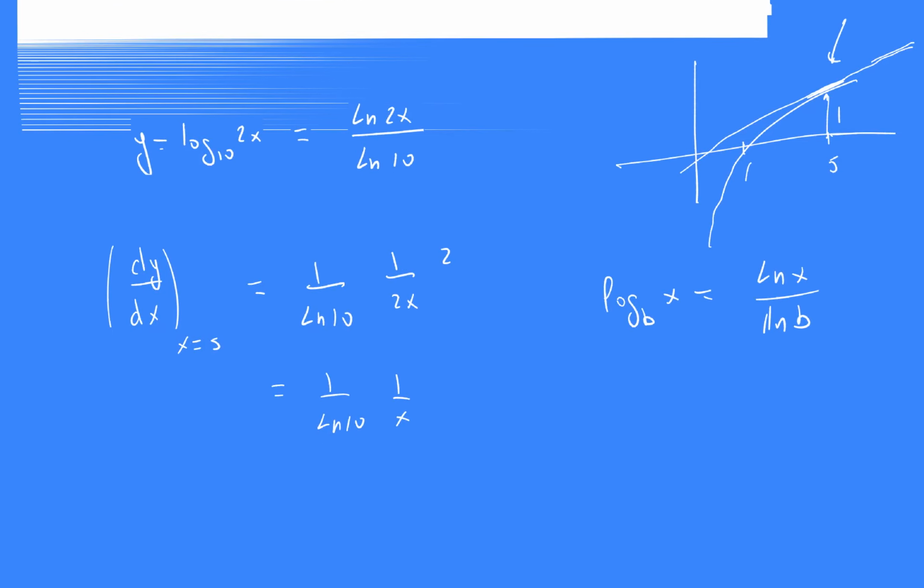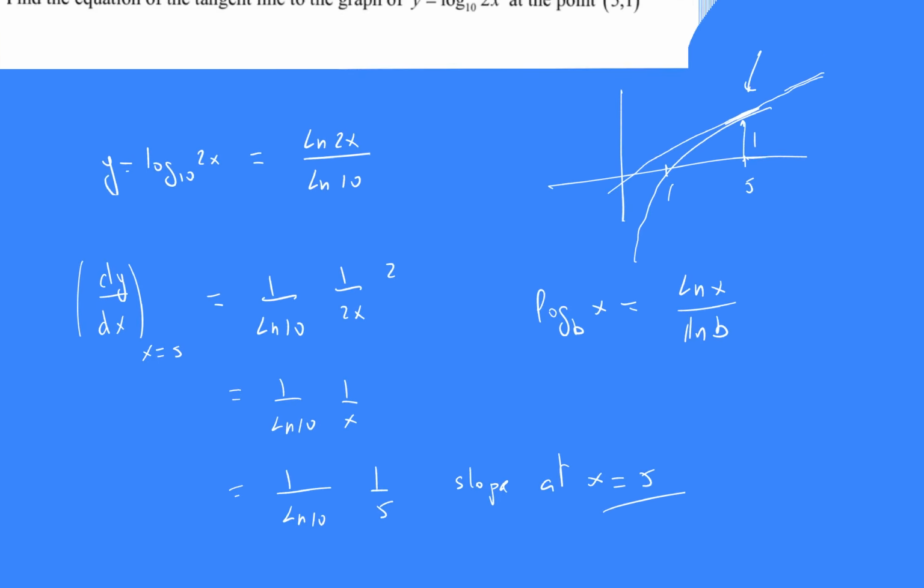Evaluated at the point x equal 5, the derivative will be 1 divided by the natural log of 10 times 1/5. And this is the slope at x equal 5. The slope is changing as I'm moving, and every time the slope is decreasing. It's a small slope.